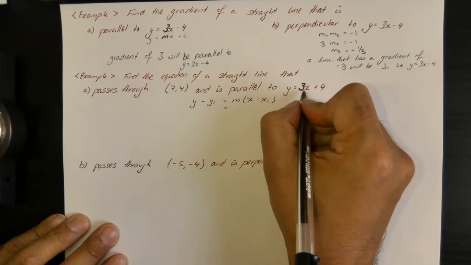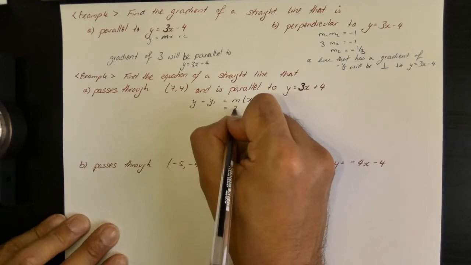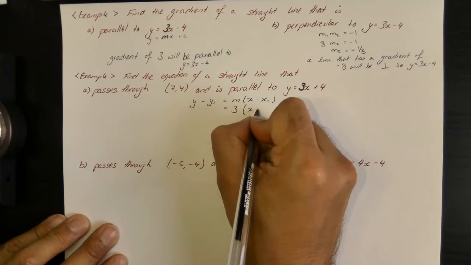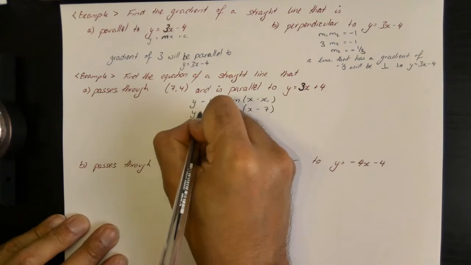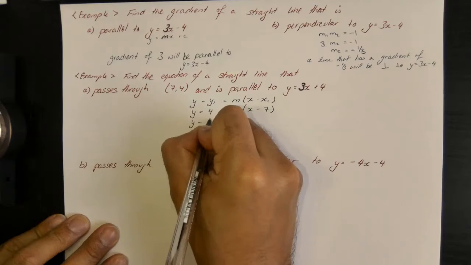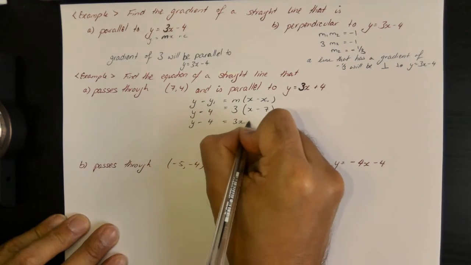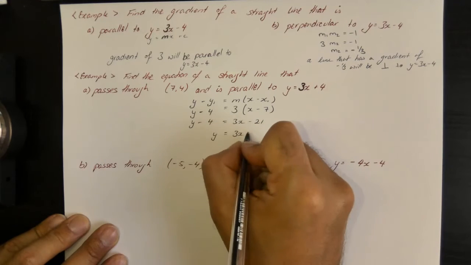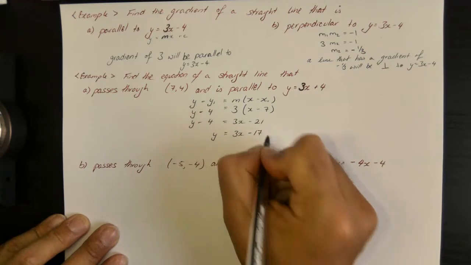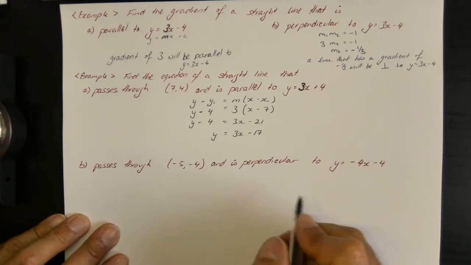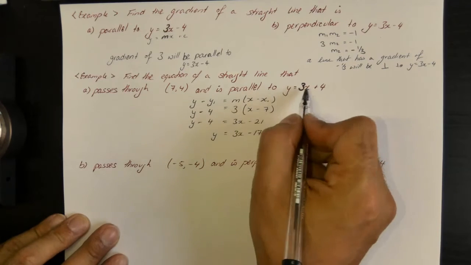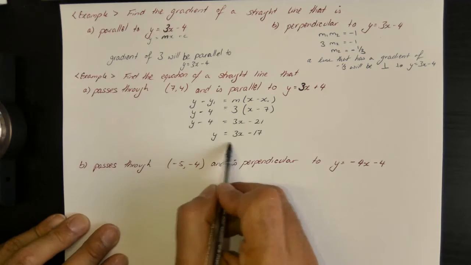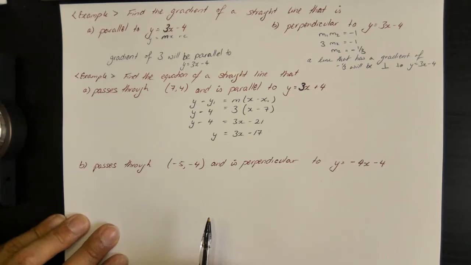The gradient I require is 3, because I want it to be parallel, and my point is (7, 4). Cleaning this up, I get y equals 3x minus 21, add 4, so it becomes y equals 3x minus 17. That line is parallel to the given line, and it passes through the point (7, 4).